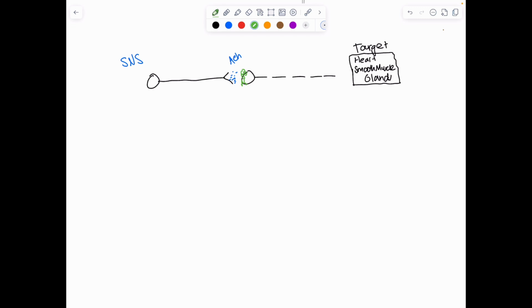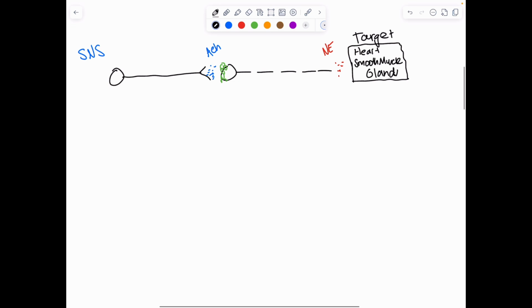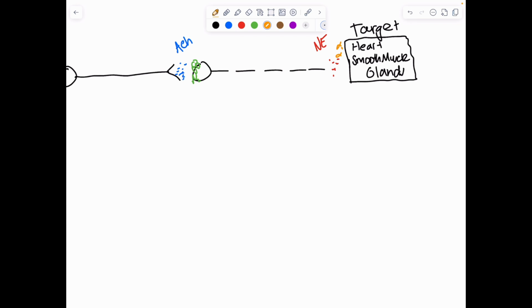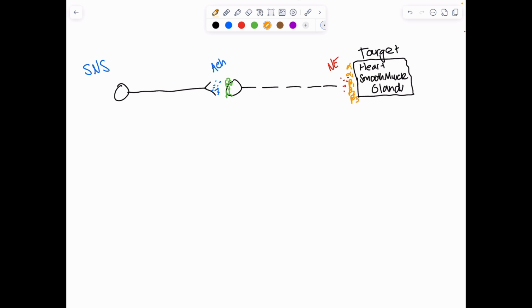We'll go and release more, and then we'll get down here, and epinephrine. And these different receptors are alpha 1, alpha 2, beta 1, beta 2, and beta 3. And these right here are called adrenergic receptors.